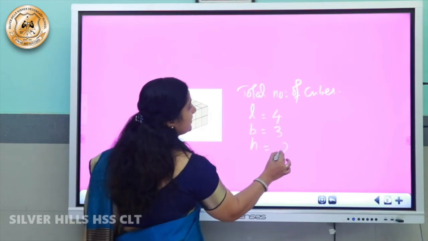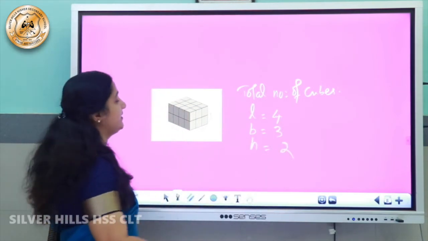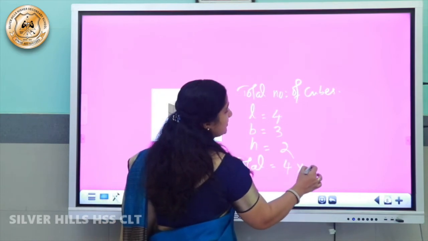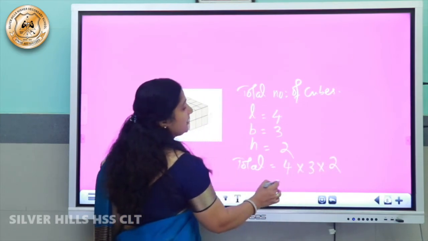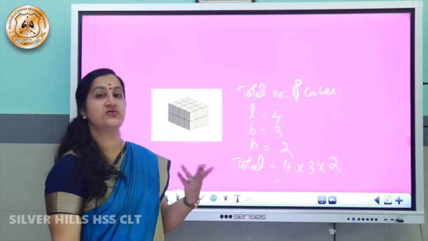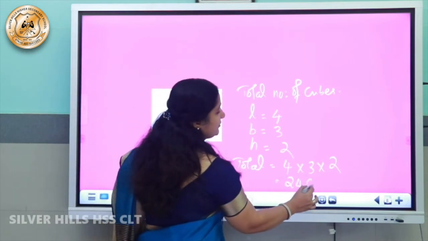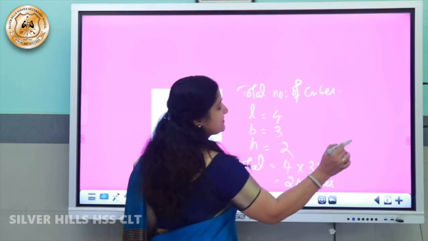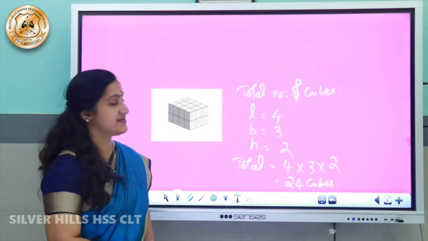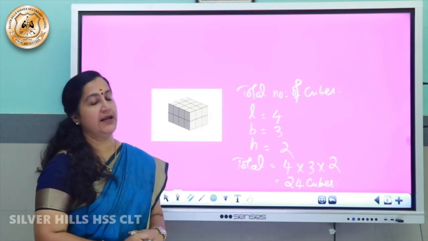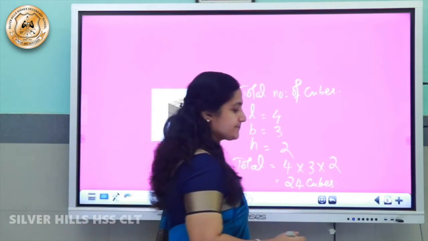Height-wise, how many? 2. So, how can we find the total? Total equal to 4 into 3 into 2. 4 into 3, 12. 12 twos are 24. So 24 cubes. Size measured like this is called volume in mathematics.